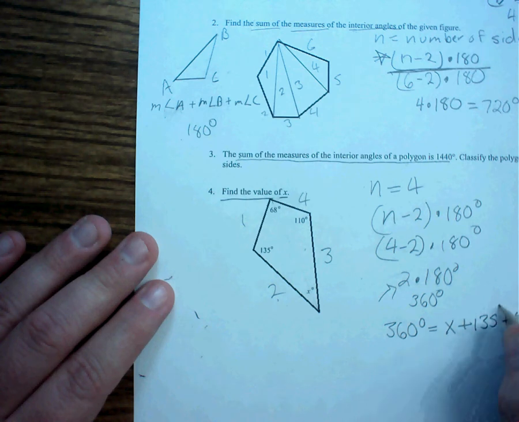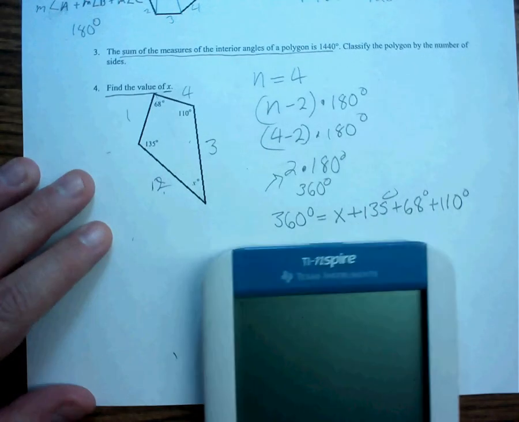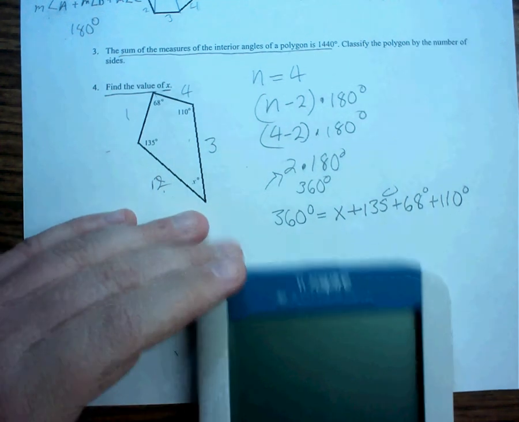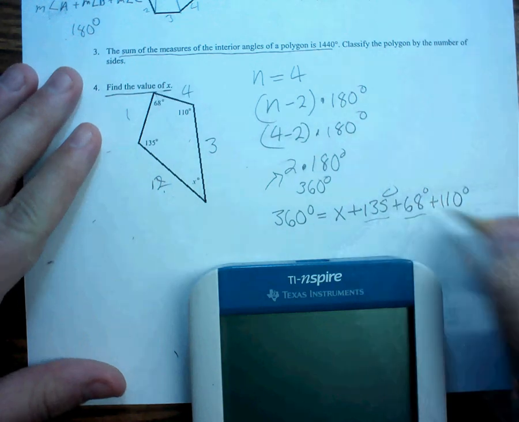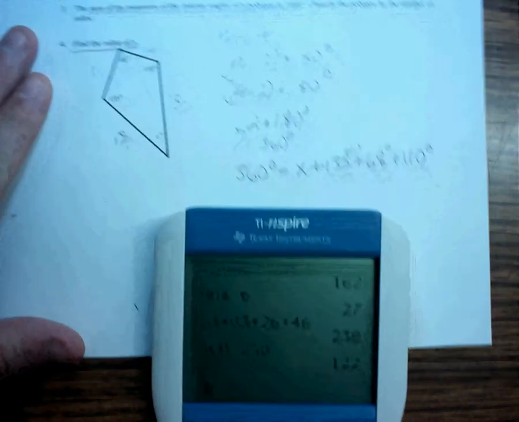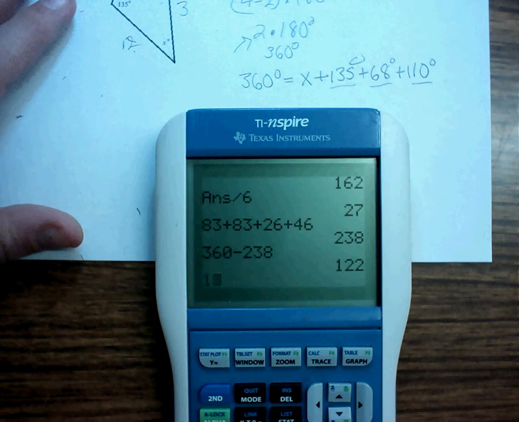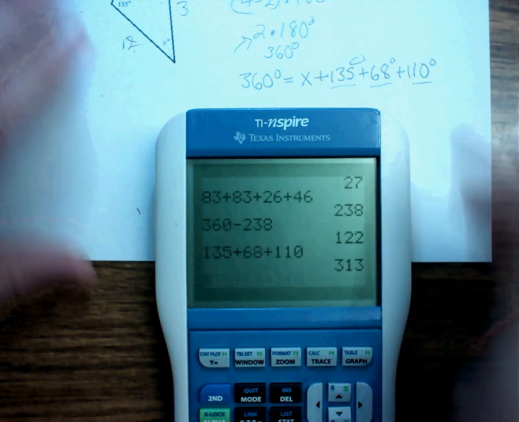All those are degrees. Now, before I solve for x, what I could probably do is combine like terms. So I'm going to add the 135, the 68, and the 110. So let's add that on a calculator. 135 plus 68 plus 110 equals 313.